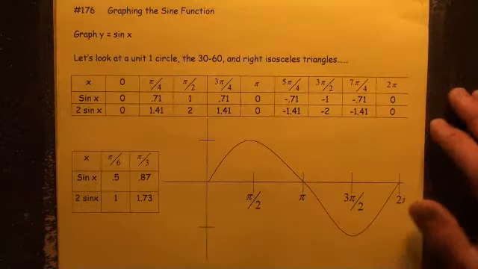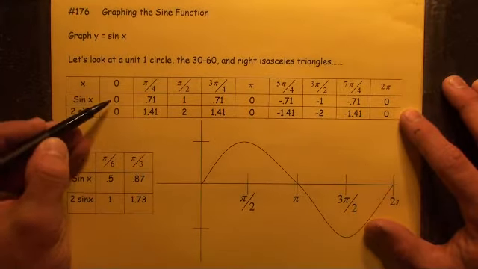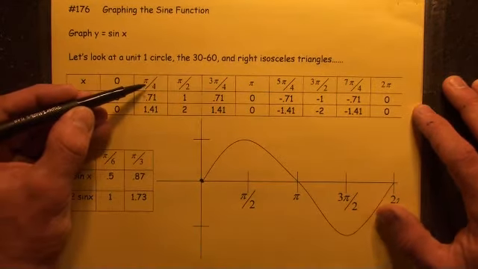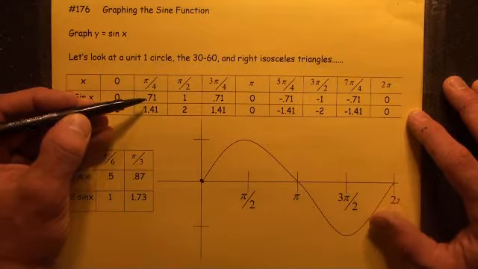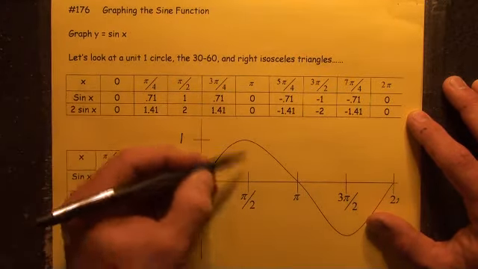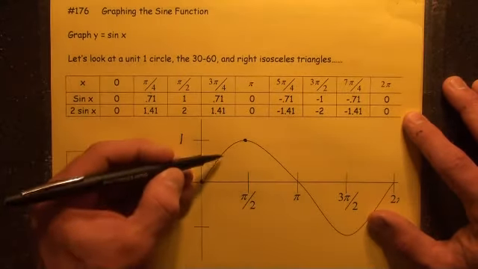Now, guys, let's go ahead and graph this. 0, comma 0. Pi over 4, comma 0.71. Now this is going to be 1 here. Now pi over 2, comma 1. There you are. Now pi over 4 is going to be 45. That's going to be halfway.